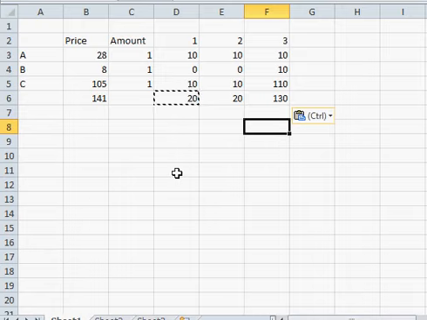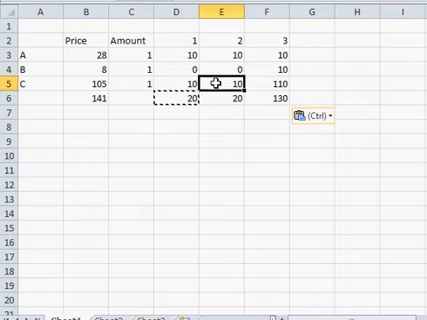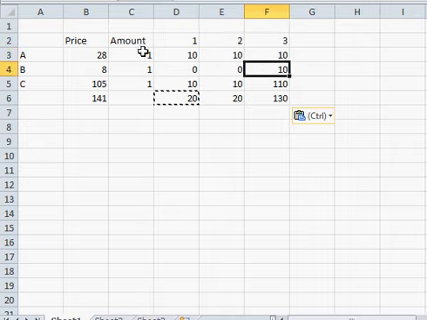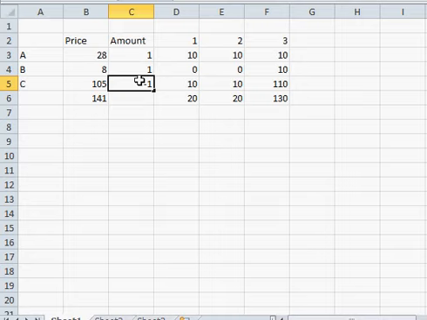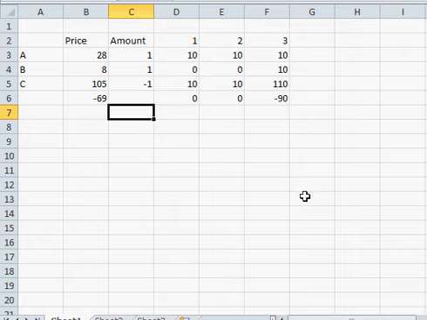But notice we started out with this idea that we might be able to make this one using these two. So if I bought one of these and then sold this one short, I've eliminated these two cash flows and I have a $90 lump sum payment at the end.